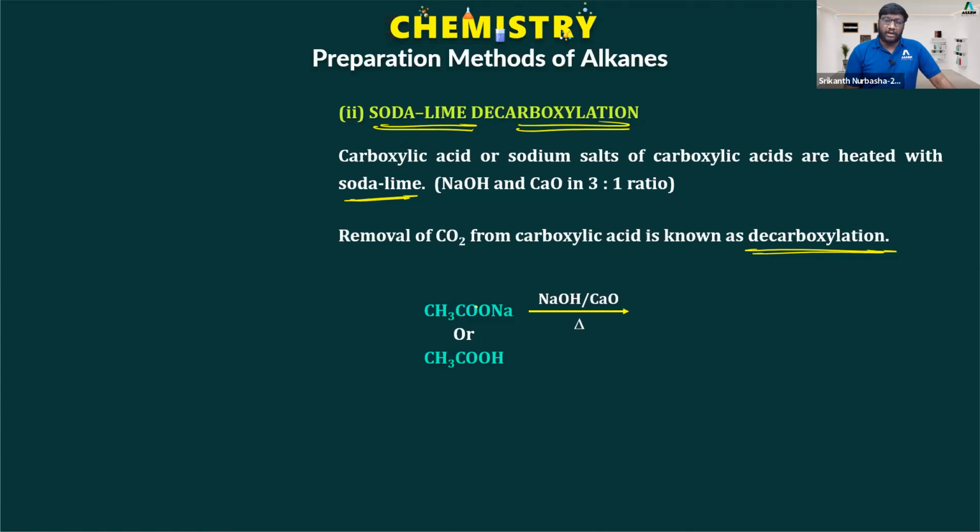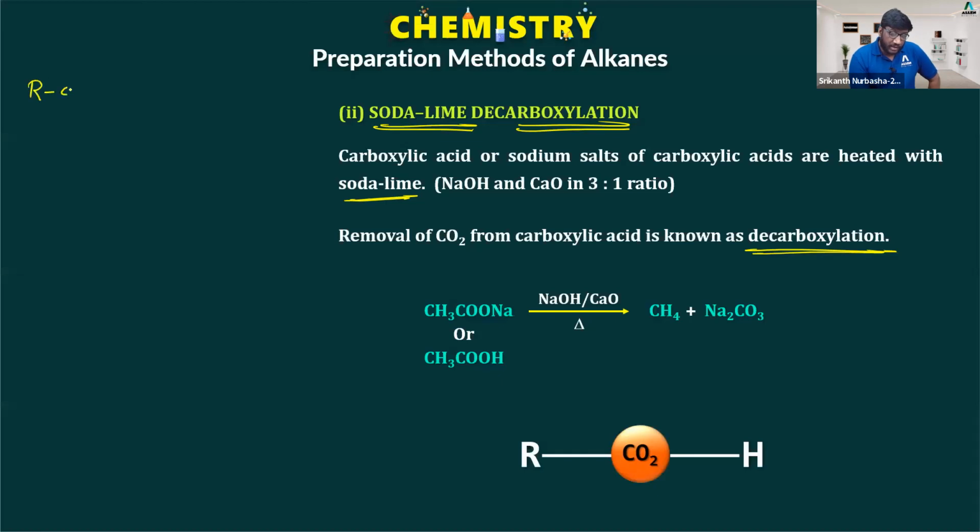If you take the salt of a carboxylic acid or a carboxylic acid and treat it with NaOH in the presence of CaO, it will form CH4 plus Na2CO3. What was the mechanistic approach? Can anyone say? Yesterday I gave you the hint also. Carbanion, very good. So how can that mechanism be understood? We'll understand now.